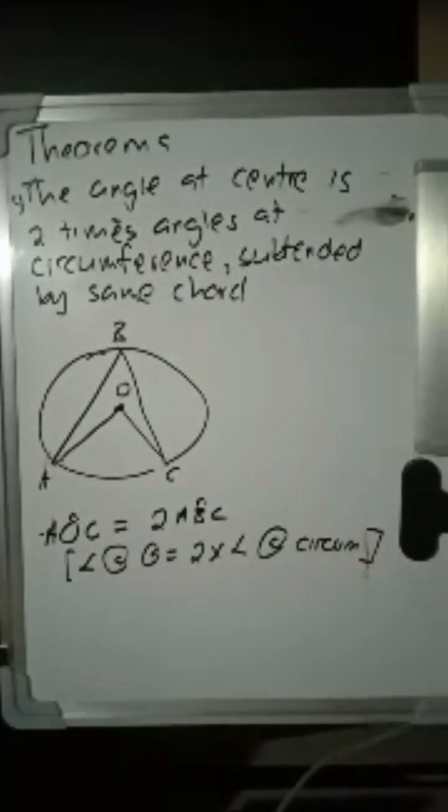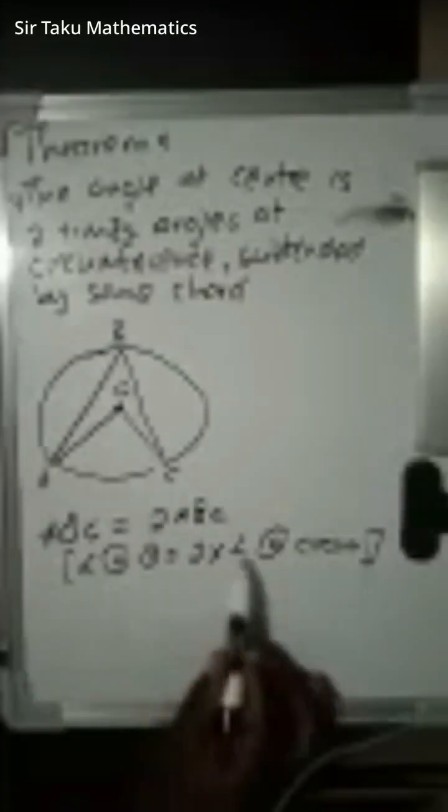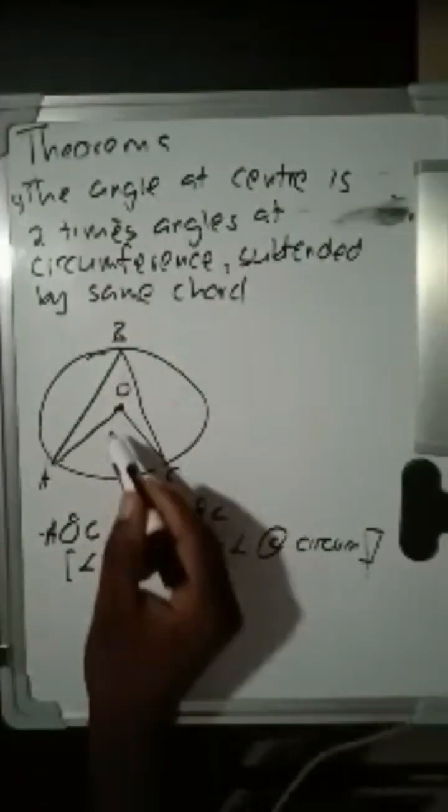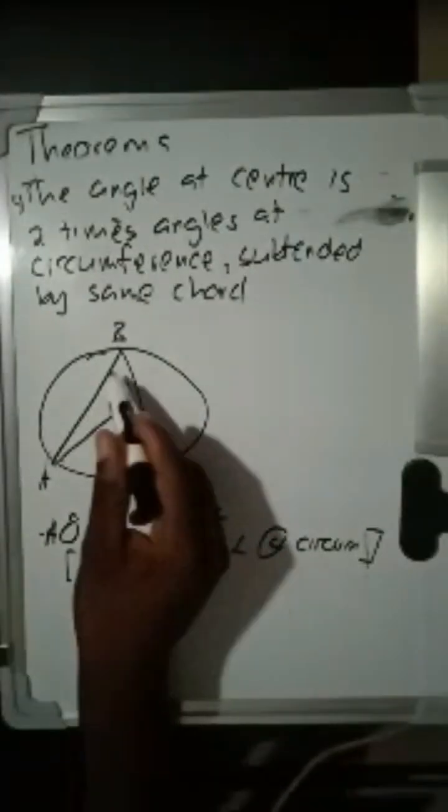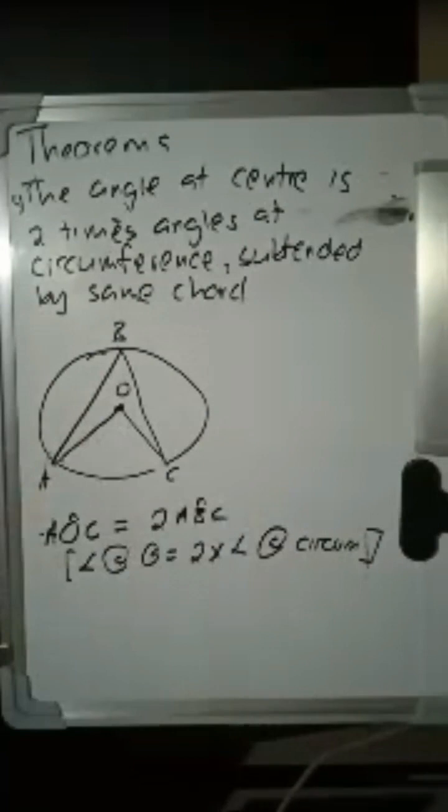So it means B there is half of O, and O is twice B, when they are subtended by the same chord.